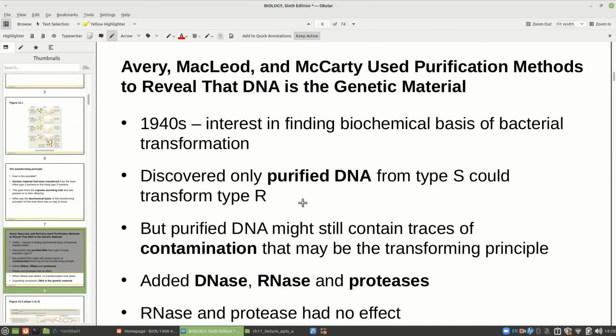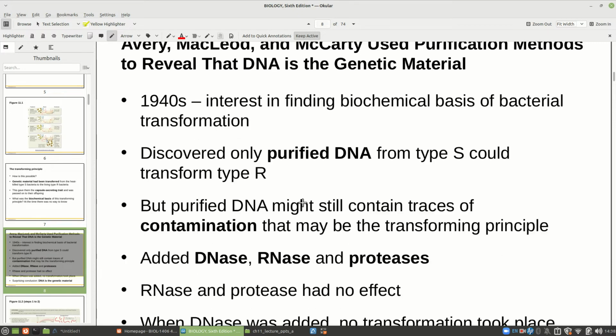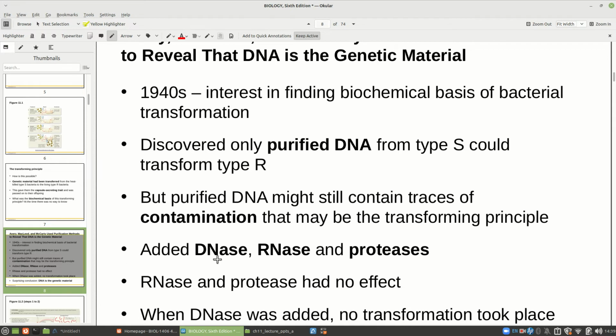Now, on Avery, McLeod, and McCarty, they're the ones who really convinced most people that DNA was the thing. So you need to understand what they did. Now, I will tell you this, something to think about. DNase and RNase are enzymes. Those are proteins that cut or destroy whatever there is before the ase part.